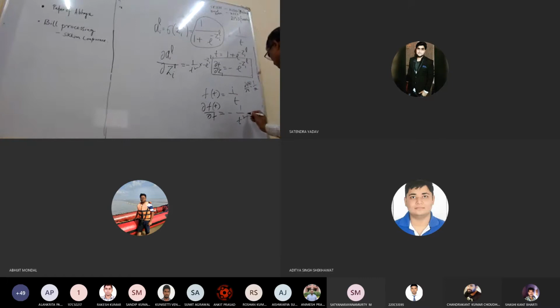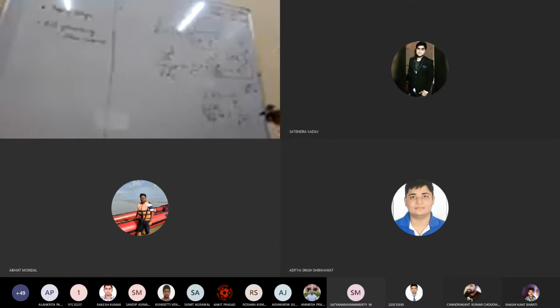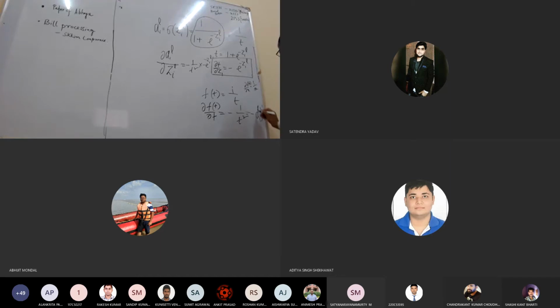So therefore we can write it here. This is minus 1 by t square, which means minus A I L square. Okay. So that is what I wrote here, minus 1 by t square. And then what is the derivative with respect to t? This is the chain rule we are using.